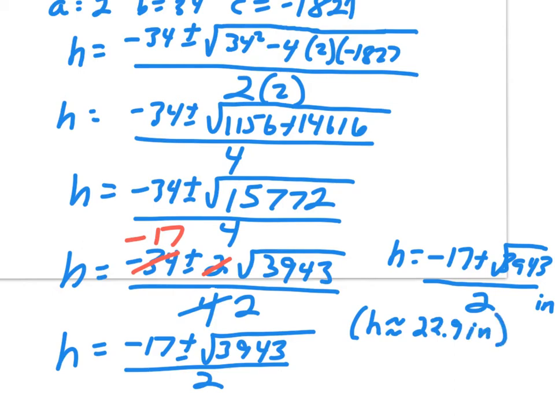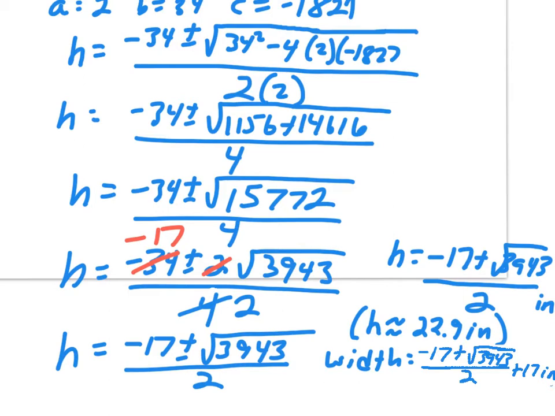And then I add 17 to get the width. So the width is equal to negative 17 plus root 3943 over 2 plus 17. So I rewrote that amount right here.